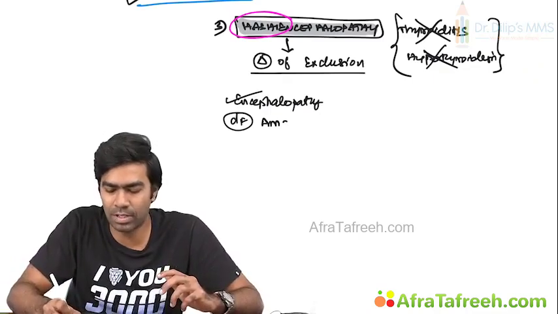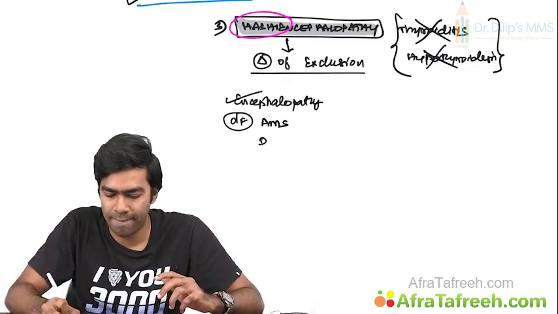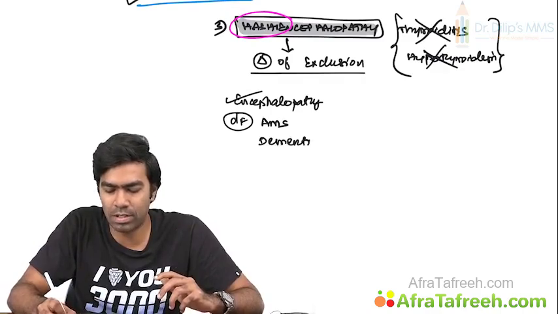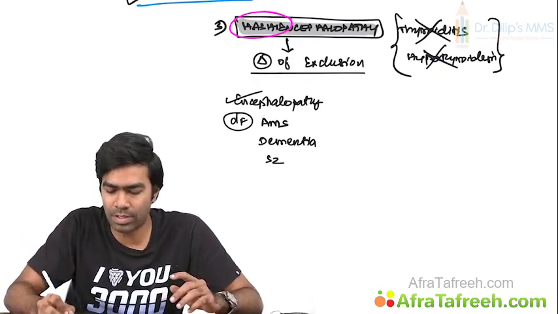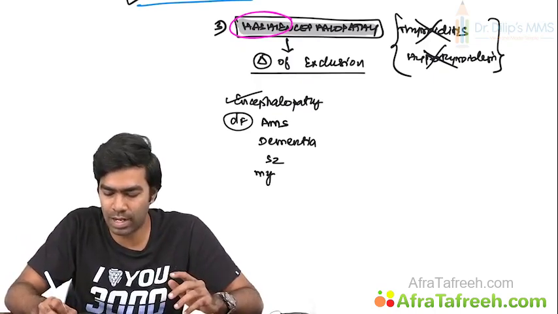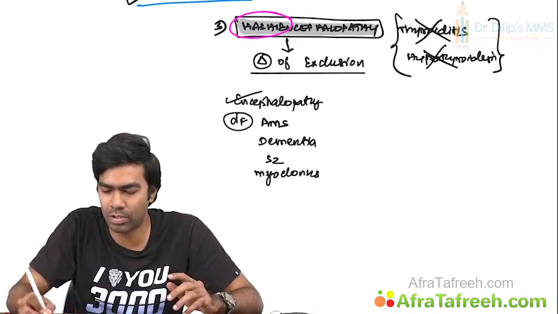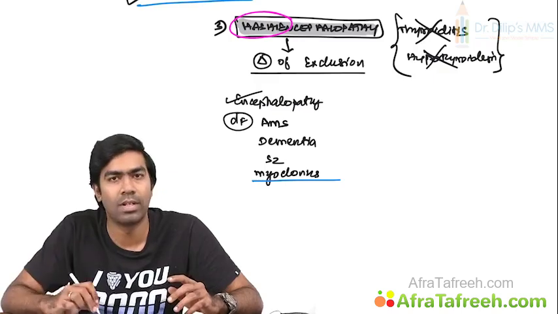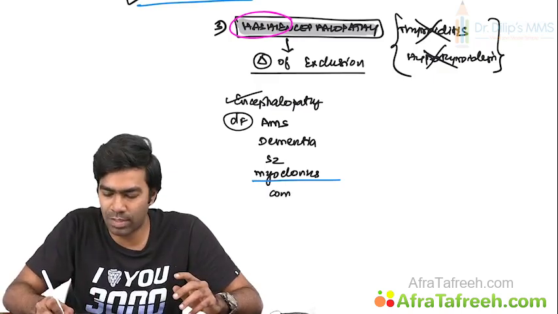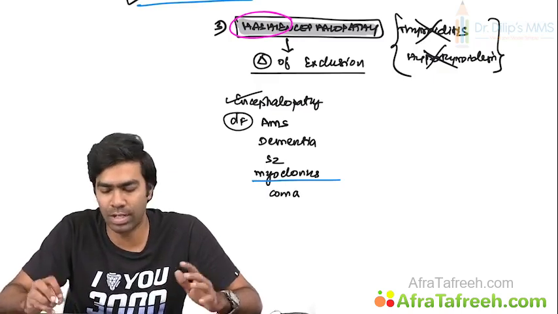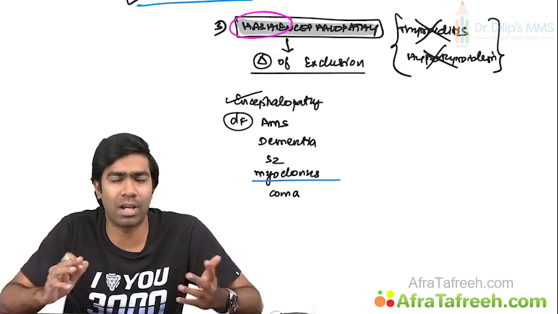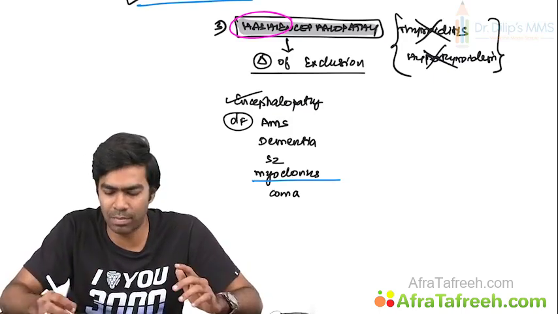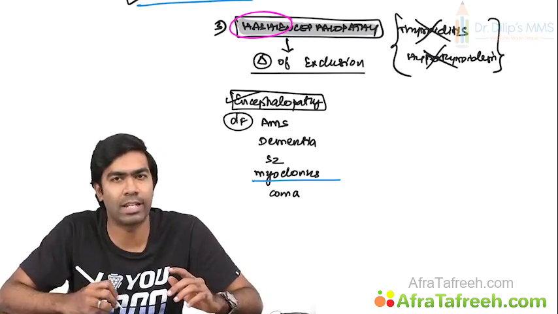For example, the patient can come with an altered mental status, or a dementia-like picture, maybe fluctuating consciousness also. They may present with seizures also. There are case reports where they present with myoclonus, but this is very important for exams. And they can come with a coma also if there is a fulminant presentation. So it is a heterogeneous presentation. The population is variable and how they present is going to be highly variable, but they present with some form of encephalopathy.